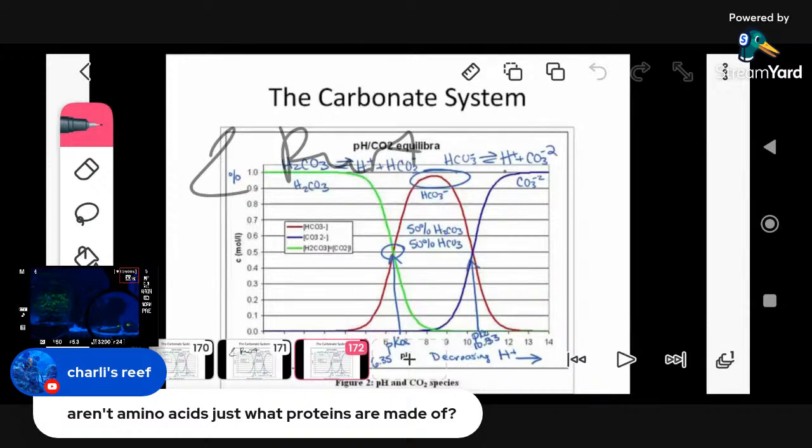But the cells also, through DNA replication or synthesis, when it forms the RNA, RNA is also amino acids. It's just a much simpler form, but they're all proteins. They're all the same thing.